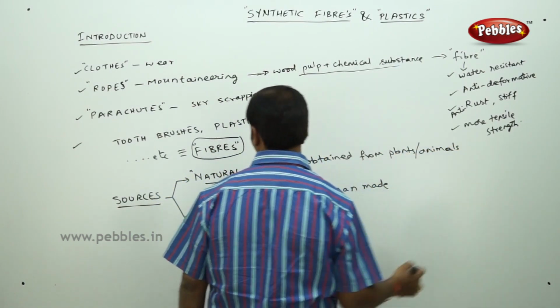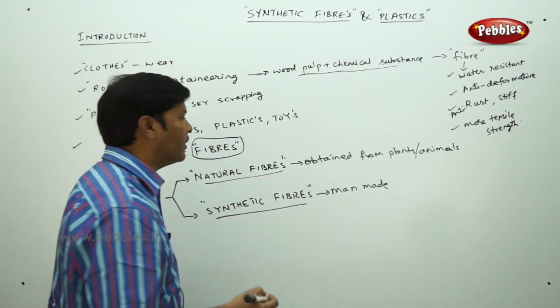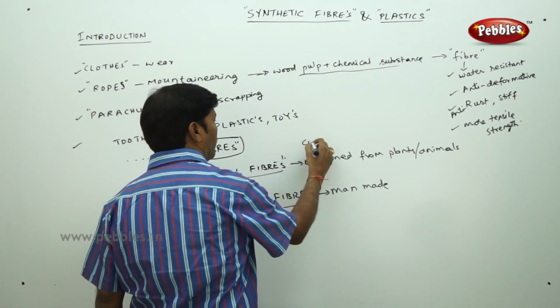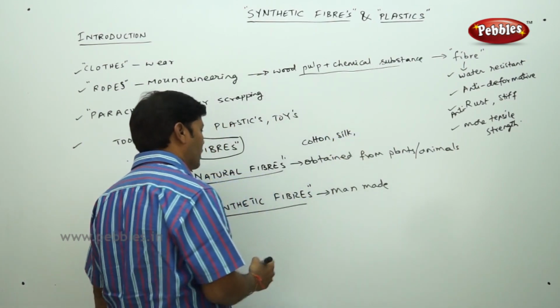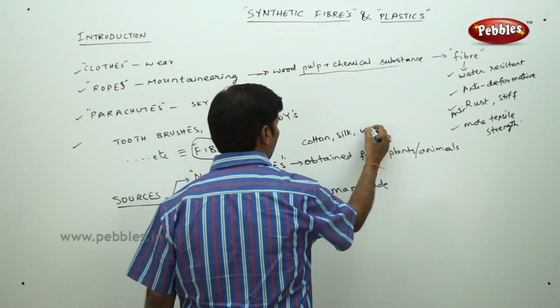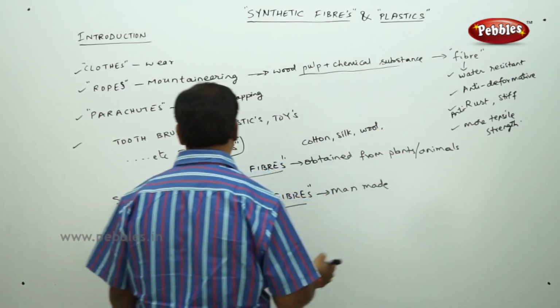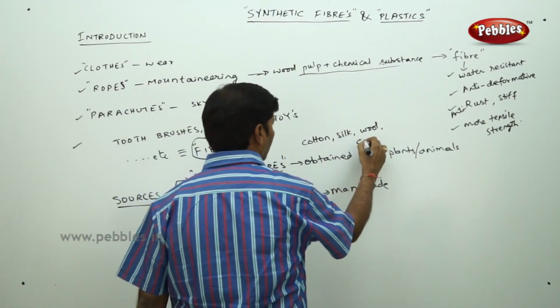What examples can you take for natural fibers? You can take cotton, silk, and wool. Then you can take cellulose.